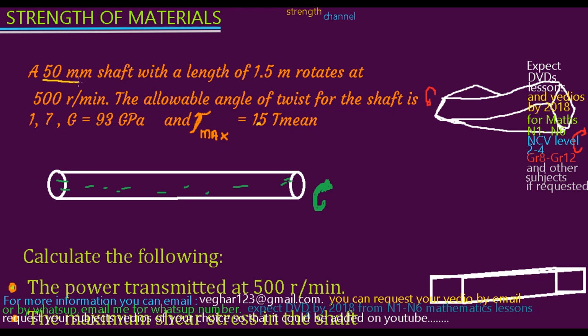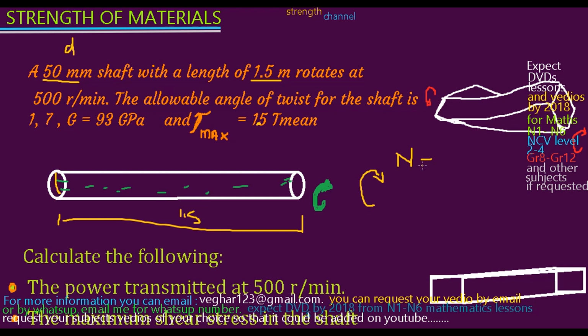Here we have the diameter of the shaft, this side, and this is the length, from here to here. It's rotating, so it depends how it rotates.